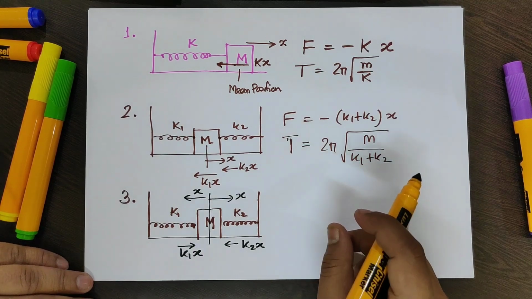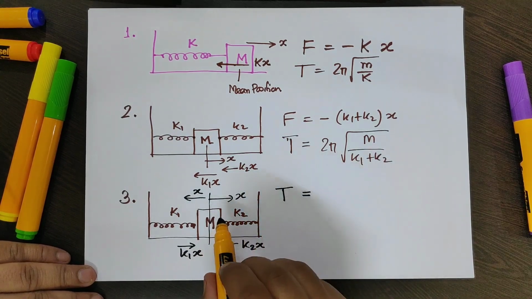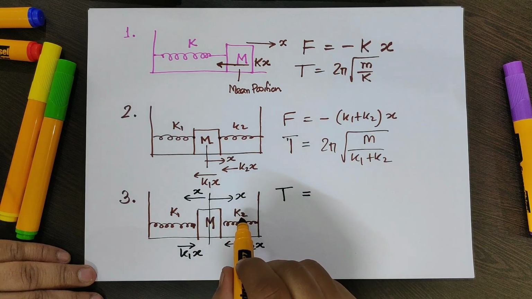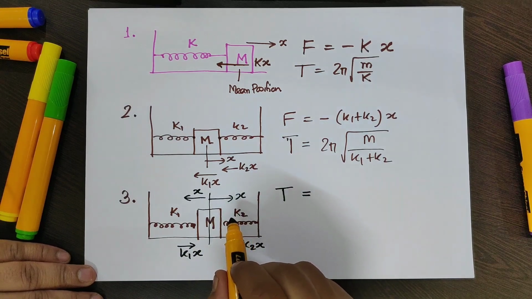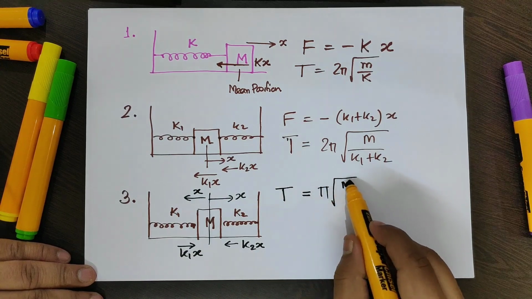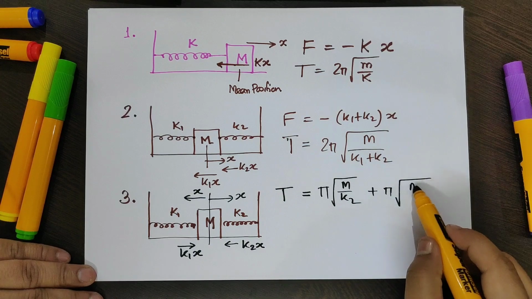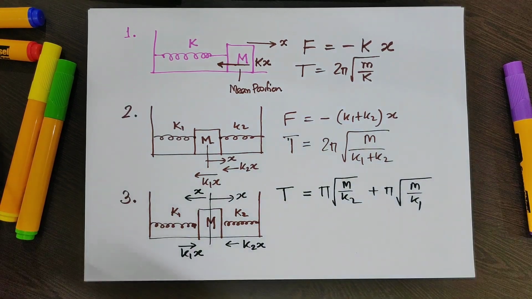So it is a combination of two SHMs. So the time period is: half SHM towards the right and half SHM towards the left. So it will be pi root over m by K2 for the right half plus pi root over m by K1 for the left half.